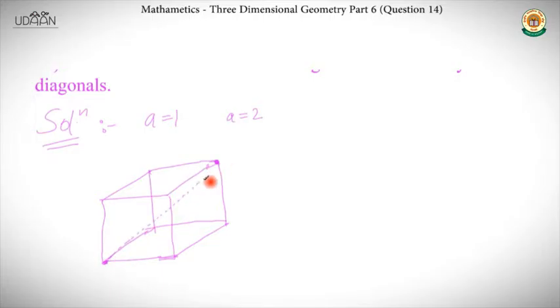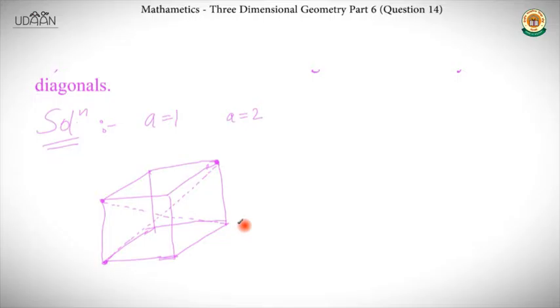So this is a body diagonal, and this would also be a body diagonal. There are a total of 4 body diagonals, because there are 8 vertices and each vertex has its pair for making a body diagonal.